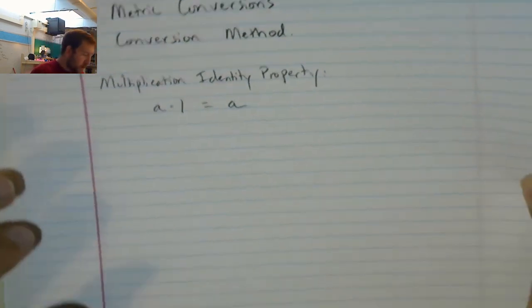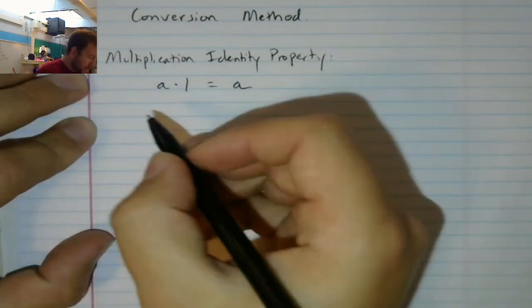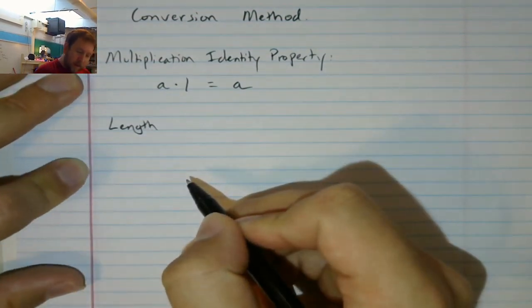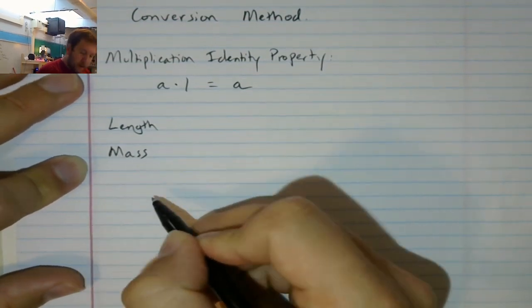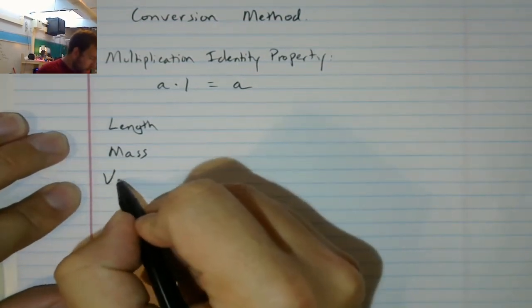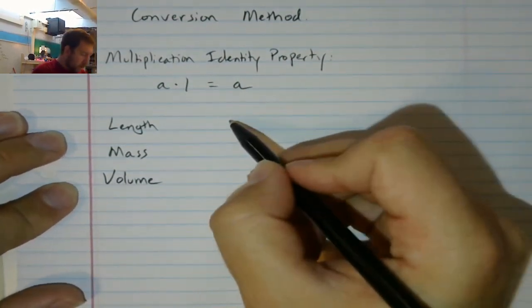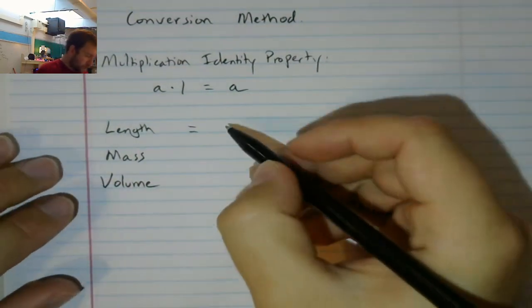We're going to be looking at 3 styles of unit. We're going to be looking at length, mass, and volume. Now, our length unit is the general unit that we're going to be moving everything to, the base unit.